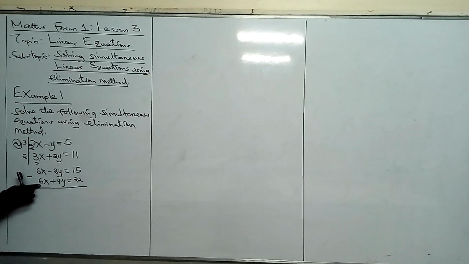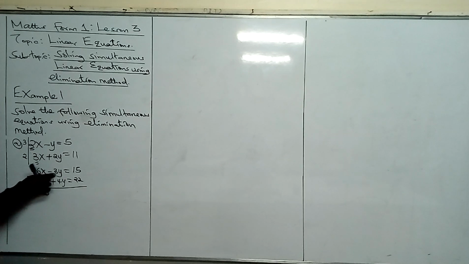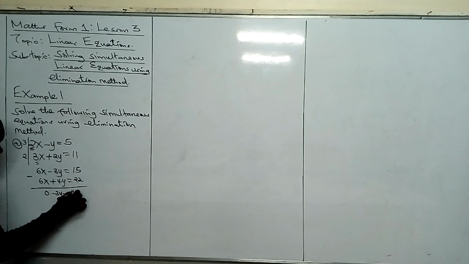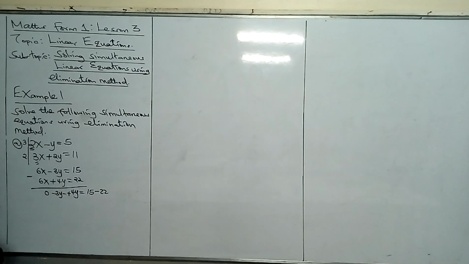6x minus 6x gives us 0. Minus 3y minus plus 4y, I can write that: minus 3y minus plus 4y is equal to 15 minus 22. A minus times a positive gives us a negative.